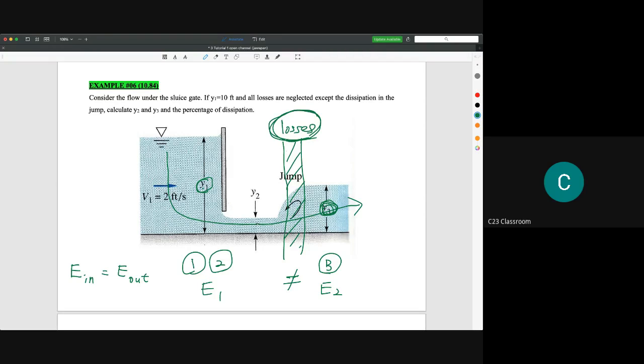However, the points here might be different in level, in elevation, but the total energy for 1 and 2 is equal. I think this idea is already learned in fluid mechanics 1 about the Bernoulli equation. So I hope you could imagine this one.